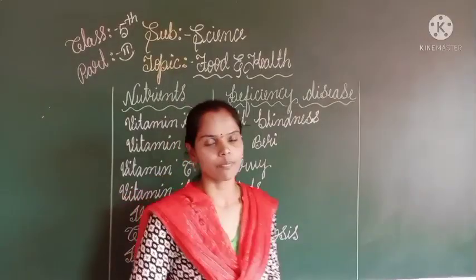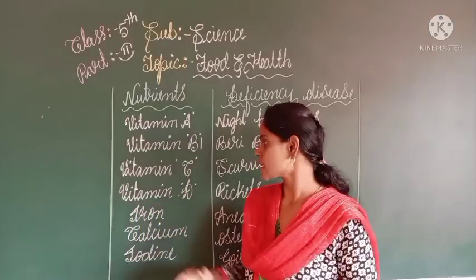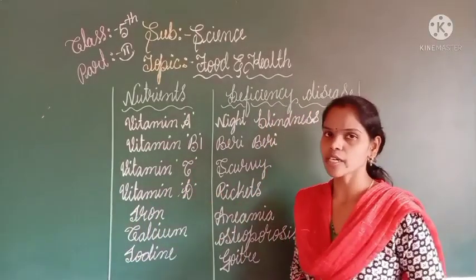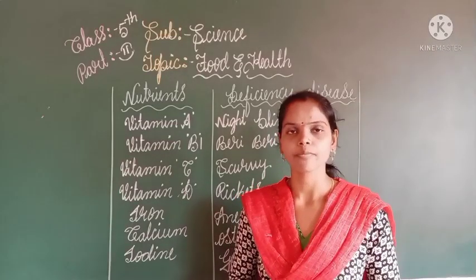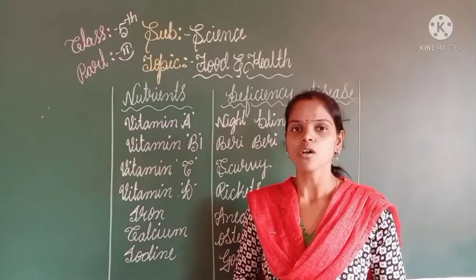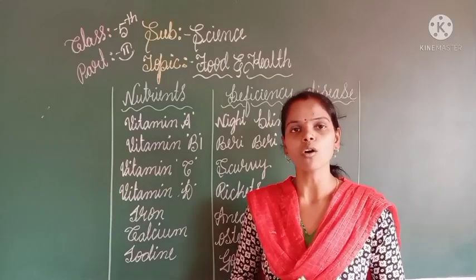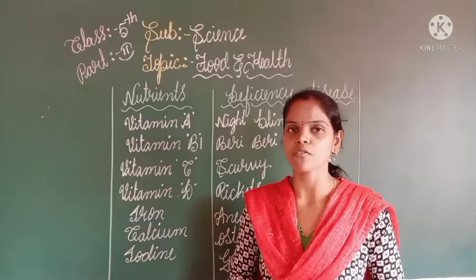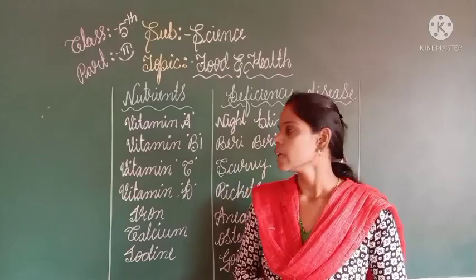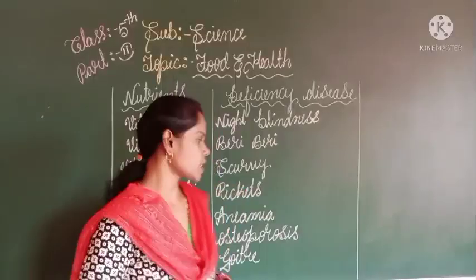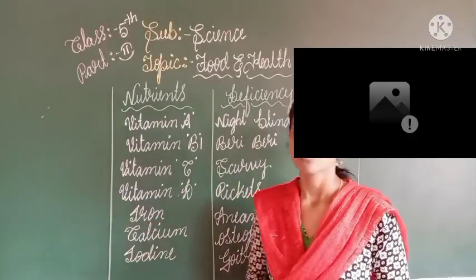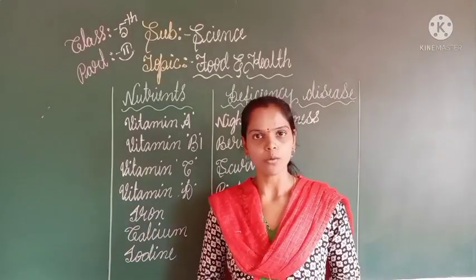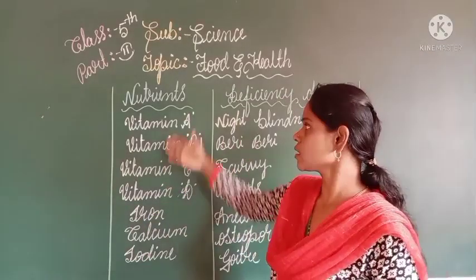Next is vitamin D. Dear students, vitamin D comes from sunlight and egg yolk. Egg yolk, fish, such kinds of food we have to take. Lack of vitamin D causes rickets, which is nothing but weakness in the bones. These are the vitamins.